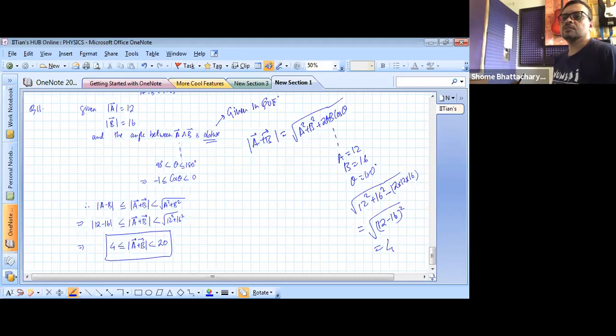So obtuse means exactly that, it can be greater than 90, but it has to be less than or equal to 180. 180 is also an obtuse angle. 90 will not be treated as an obtuse angle, but even slightly more than 90, like 90.001, is also an obtuse angle. Like that 179 is an obtuse angle, but 180 is also an obtuse angle. So that is the very definition of obtuse. This inequality is the definition of an obtuse angle.